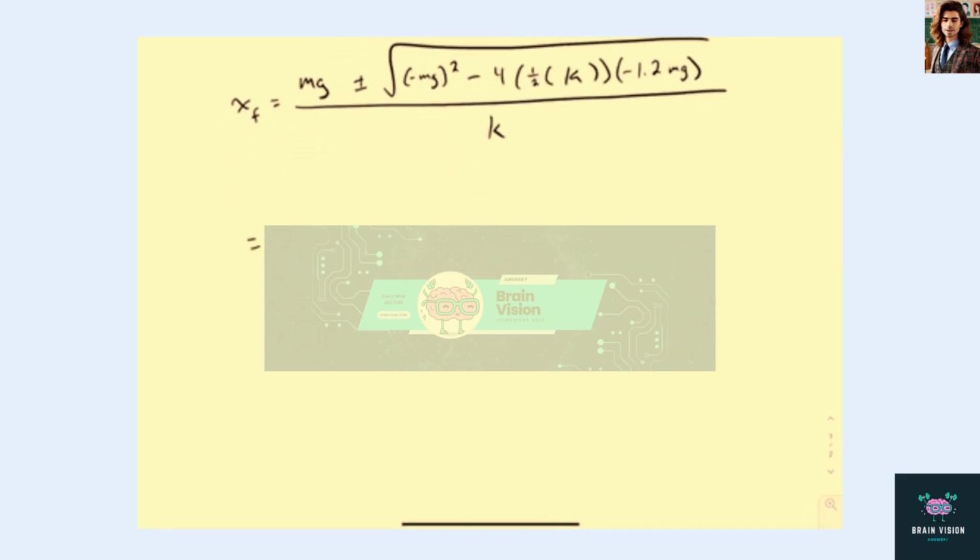This is going to be, the mass is 1.5 kilograms times 9.8 plus or minus square root of, well, the minus is going to go away, so I don't need to worry about that for now.